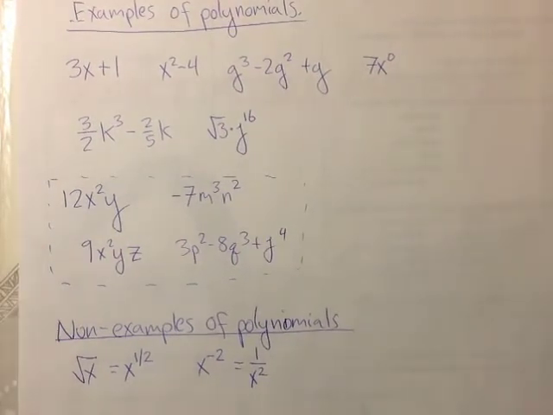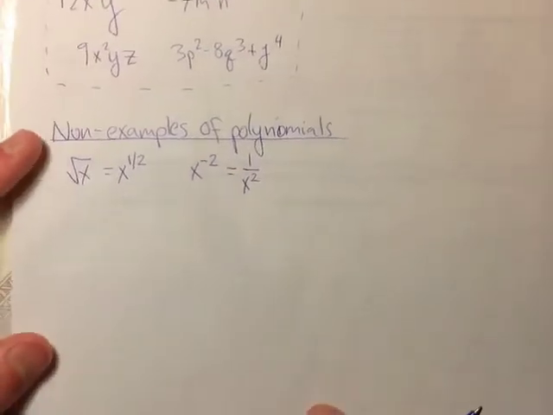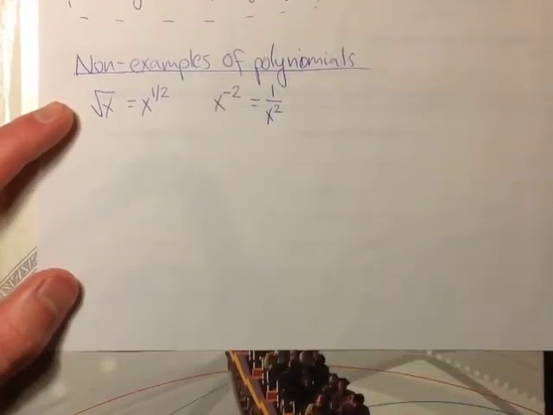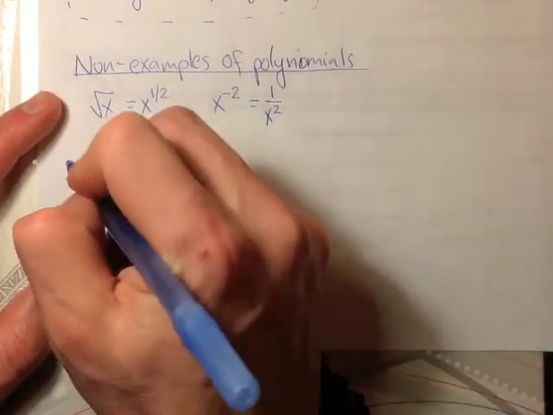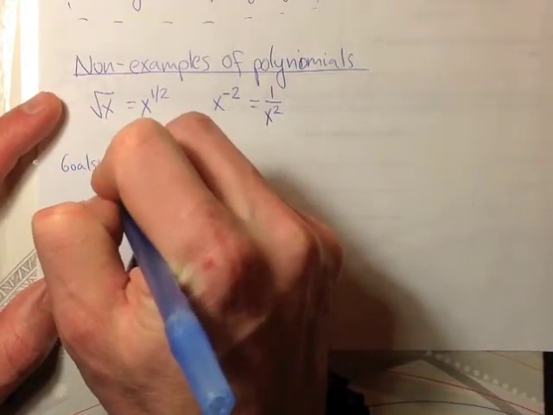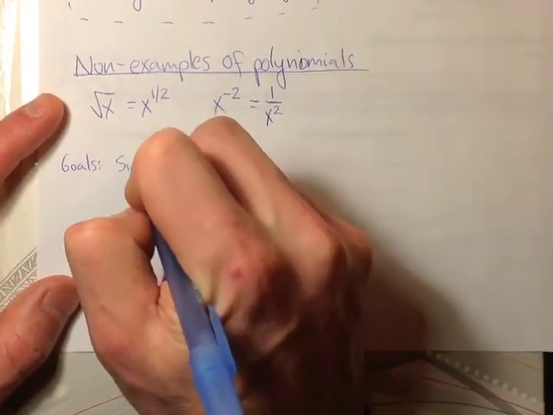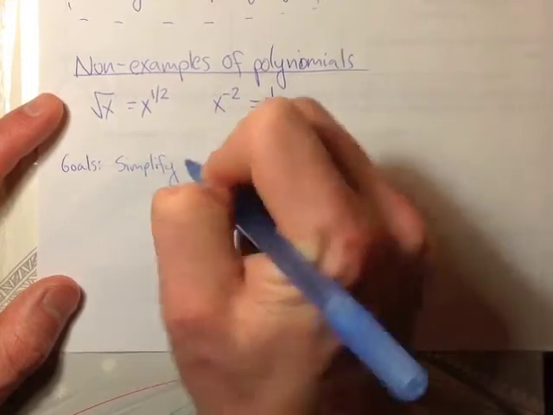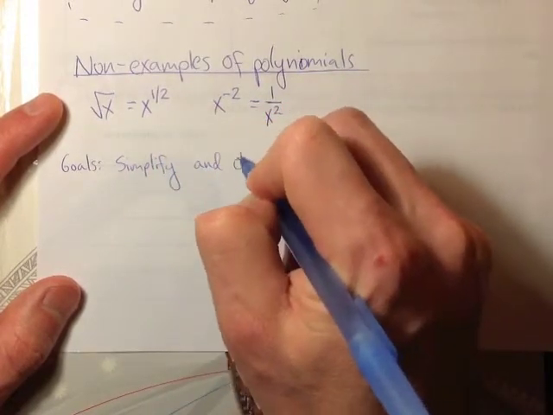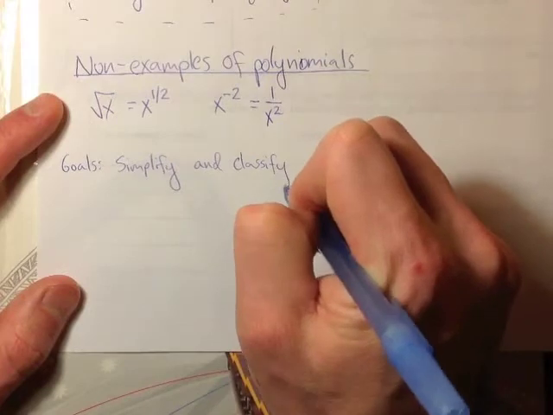Now, for this first part of this chapter, we are going to want to do two things with polynomials. Okay? Our goals. We will want to simplify and classify polynomials.